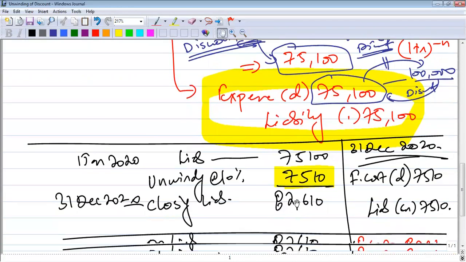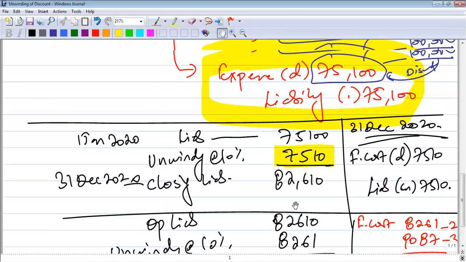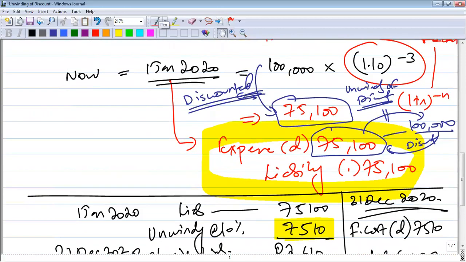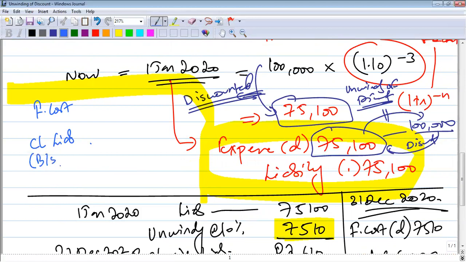Now, there's one more thing I could explain, which is a shortcut for those who wish to know how to directly calculate the unwinding effect. There are two things with respect to unwinding: one is finance cost, and the other is the closing liability, which will be shown in the balance sheet. The finance cost would be shown in the profit and loss account.